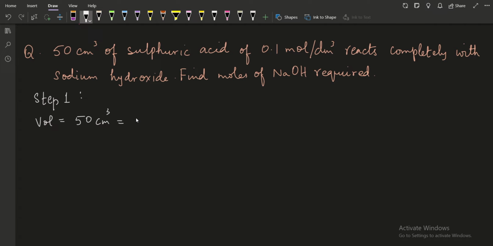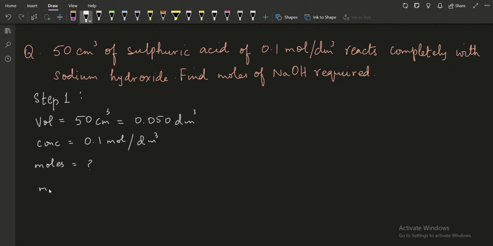So our answer will be 0.050 cubic decimeter. The concentration is given in the question. The concentration is 0.1 moles per cubic decimeter.